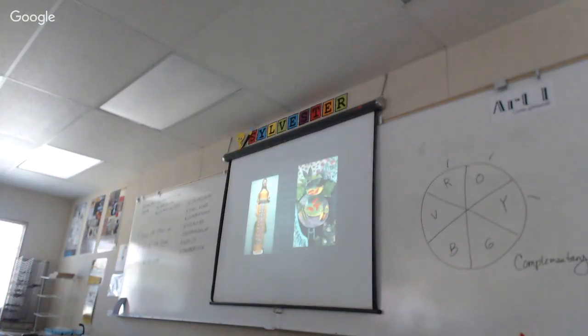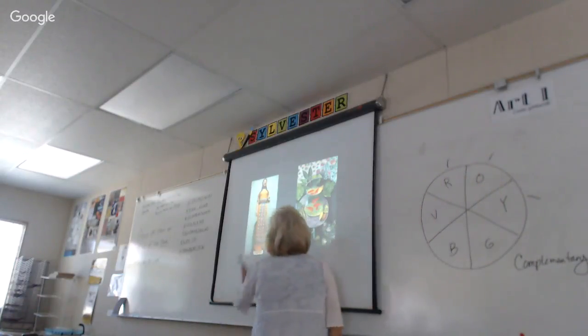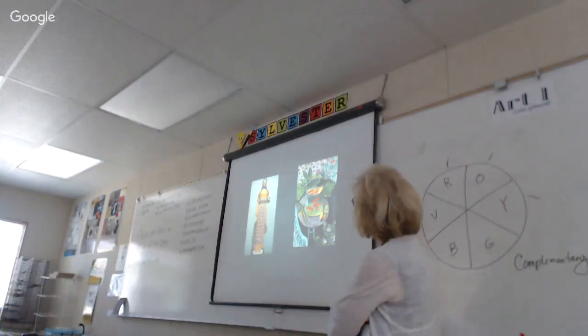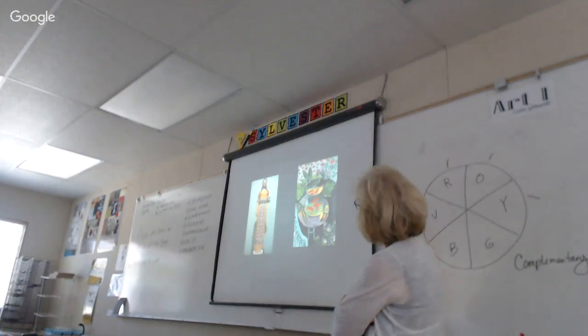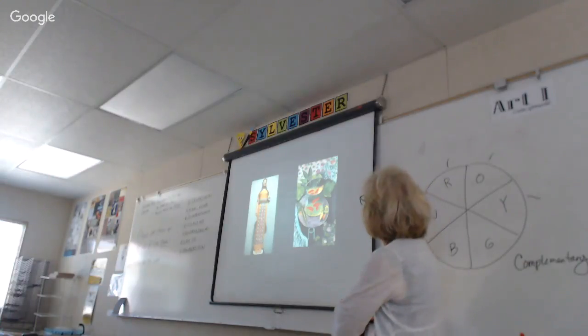So here we've got a couple of examples. We have a copy of a Greek archaic statue that, when it was first done, the one that we actually have is made out of marble, and there's remnants of color left on it, but this is a replica.